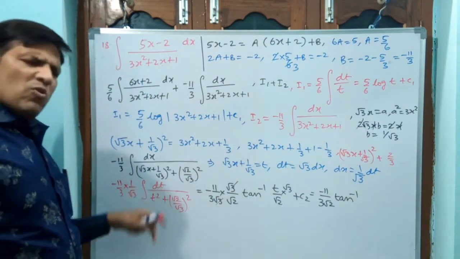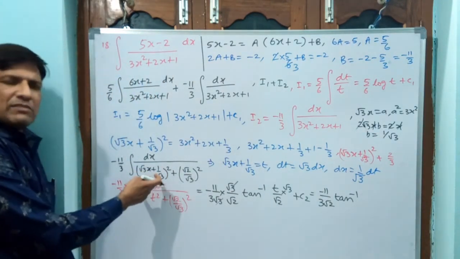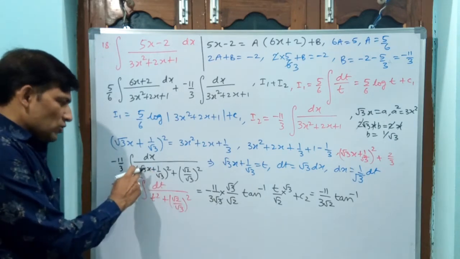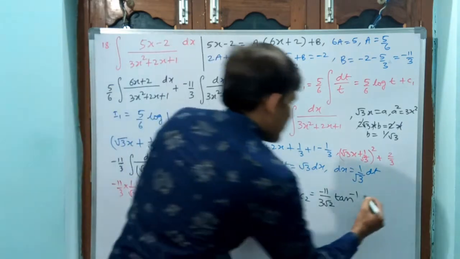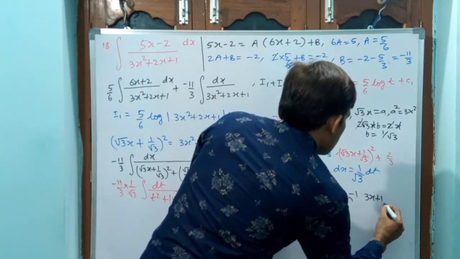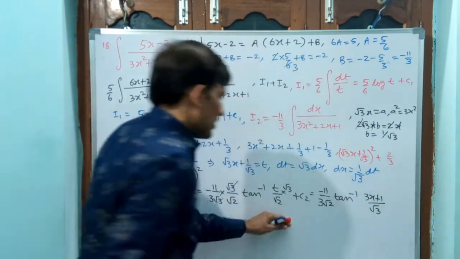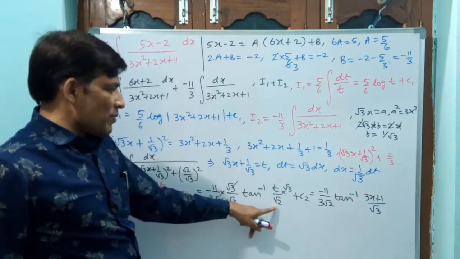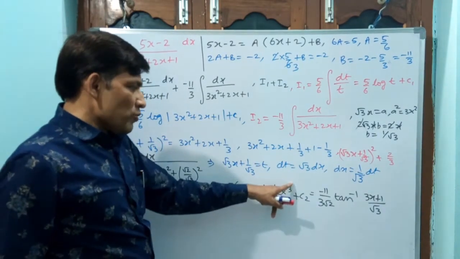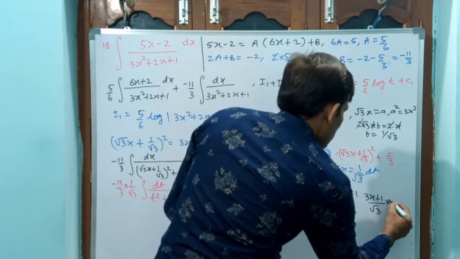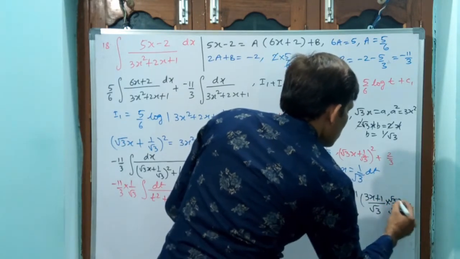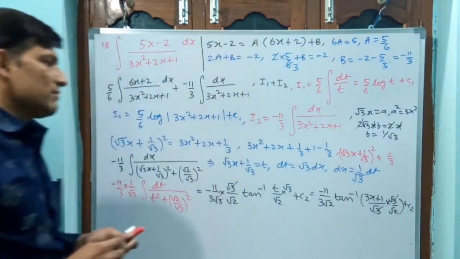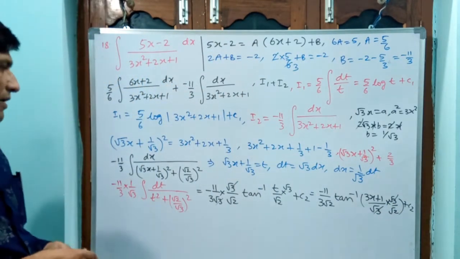Now rather than writing this root 3x plus 1 by root 3, directly I am writing root 3 into root 3, 3x plus 1 by root 3. But already in denominator what is there? Denominator root 2. Numerator root 3 will be there. That means root 3 by root 2 plus c2. You see root 3 again you cancel it here.